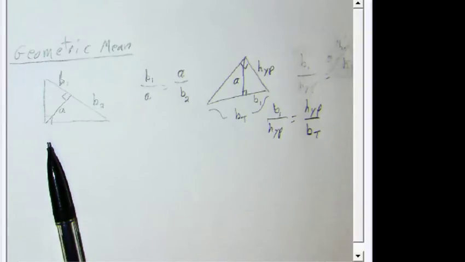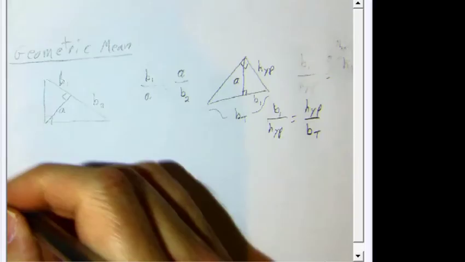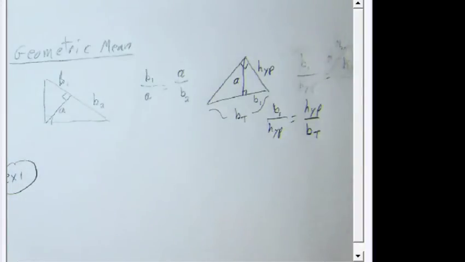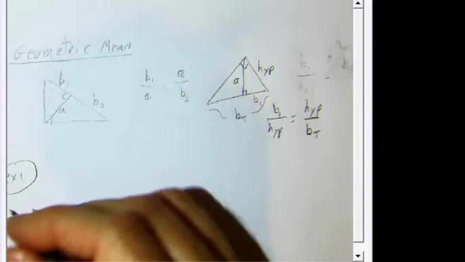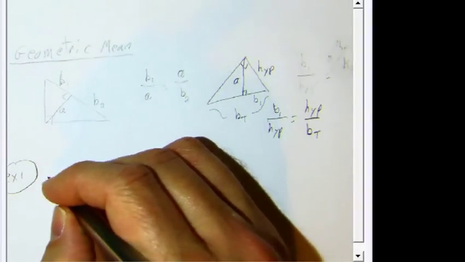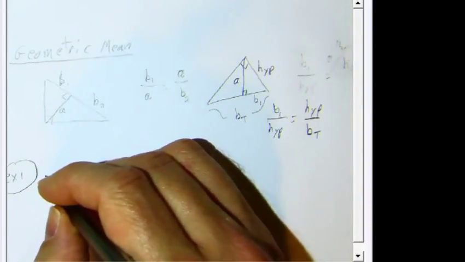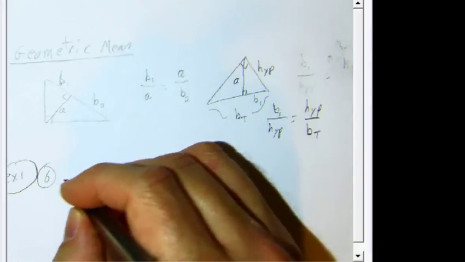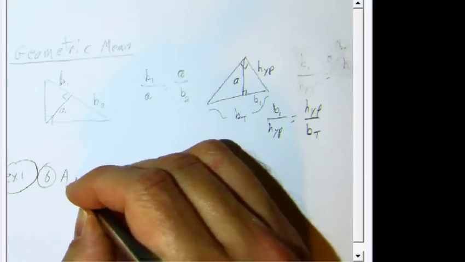Let me pull up my examples here. Make this a little bigger. All right, so let's do an example here. This is number 6 from my problem set that I gave for homework on geometric mean. It reads like this.